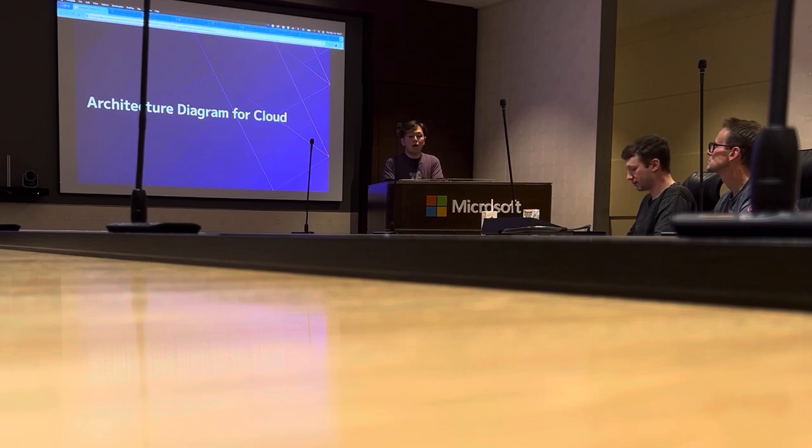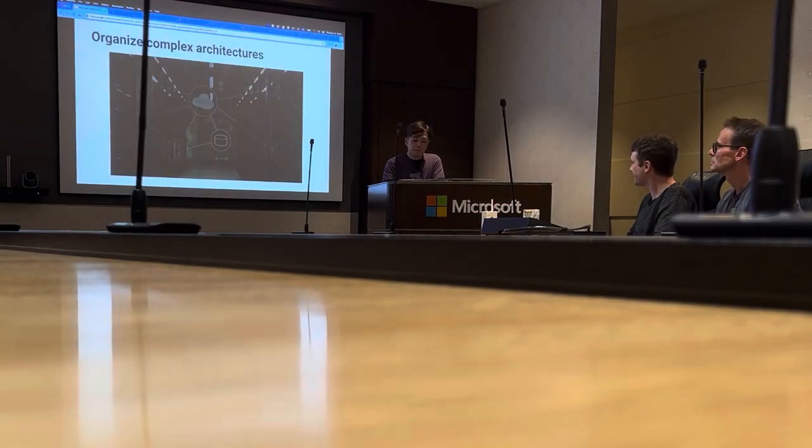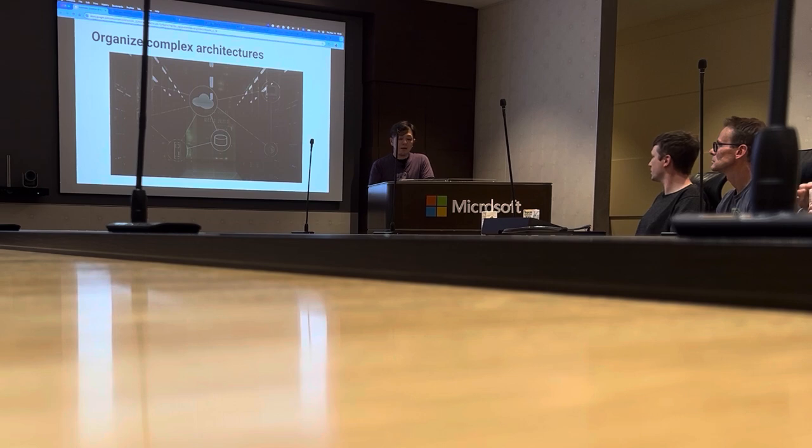Architecture diagram for cloud. Typically, there are several difficulties and challenges in creating a cloud environment diagram. The first reason is that a cloud environment is composed of so many interlinked elements: virtual networks, servers, databases, storage, security settings, auto scaling, and so on.